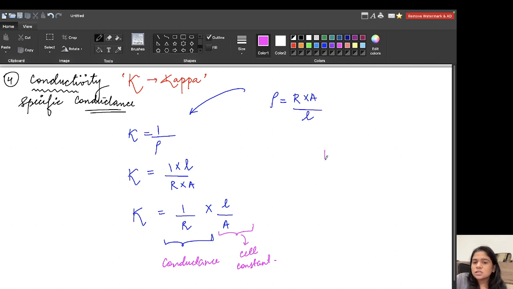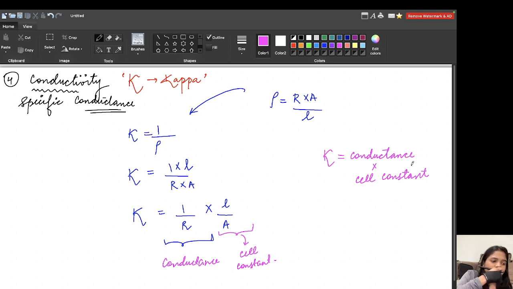So you can also mention kappa as conductance into your cell constant. That's your conductivity or specific conductance.